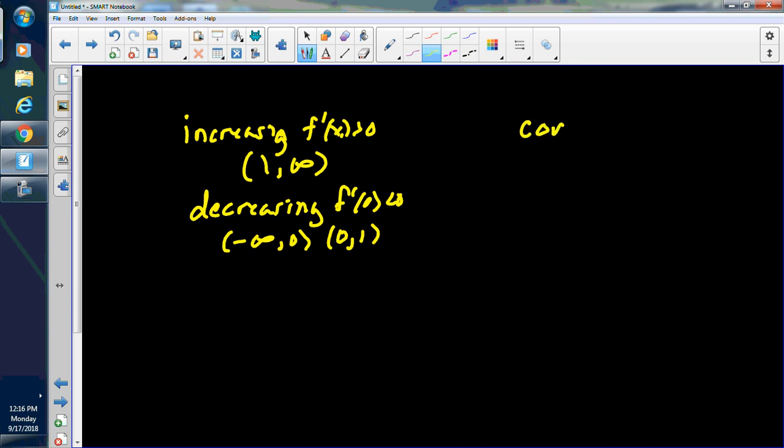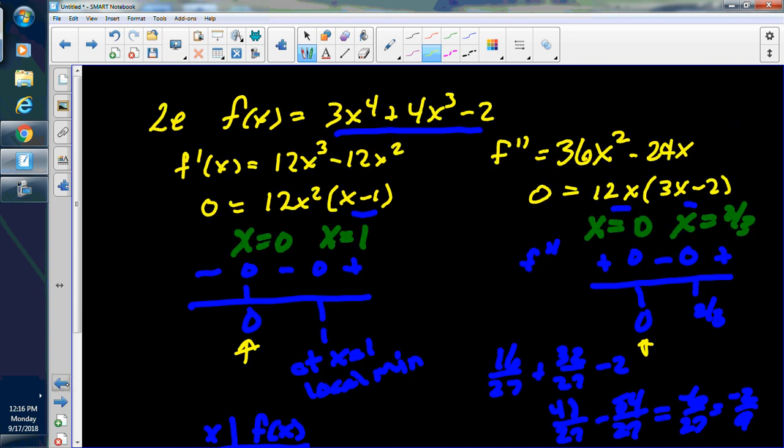Concave up. Our second derivative has to be greater than 0. Second derivative is greater than 0 up to 0 and after 2/3.